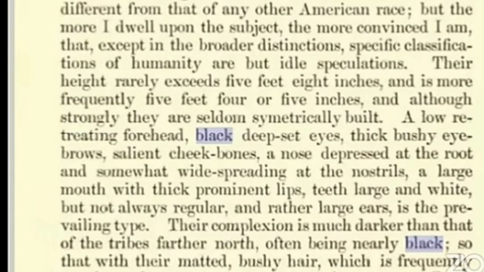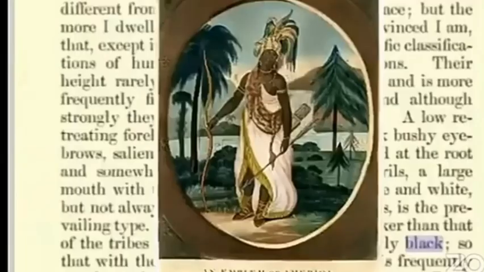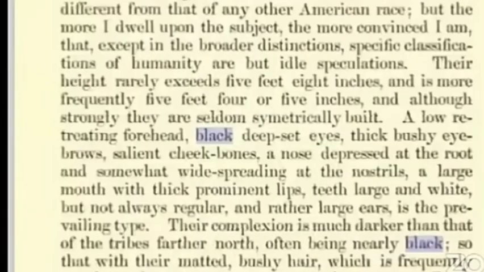A low retreating forehead, black, deep-set eyes, thick, bushy eyebrows, salient cheekbones, a nose depressed at the root and somewhat wide, spreading at the nostrils, a large mouth with thick, prominent lips, teeth large and white but not always regular, and rather large ears is the prevailing type. And who did that just describe?